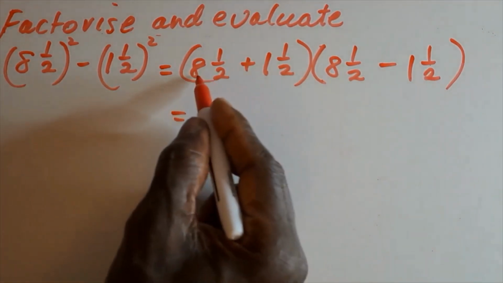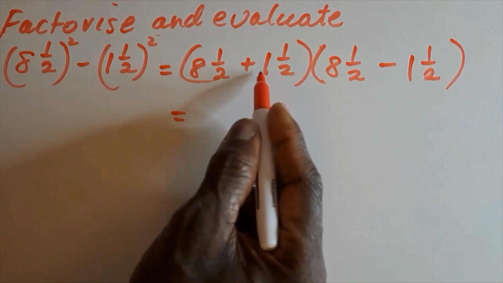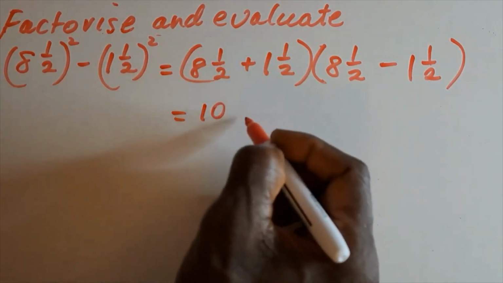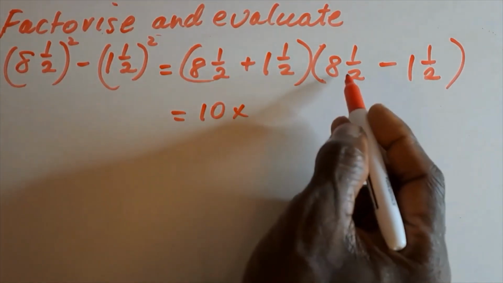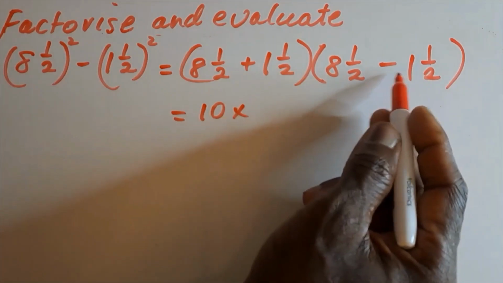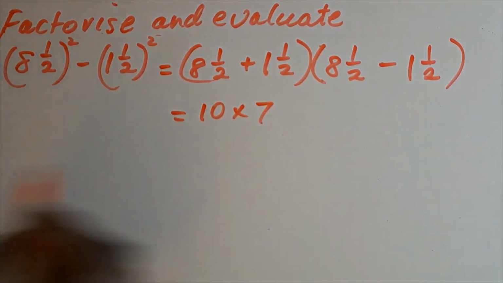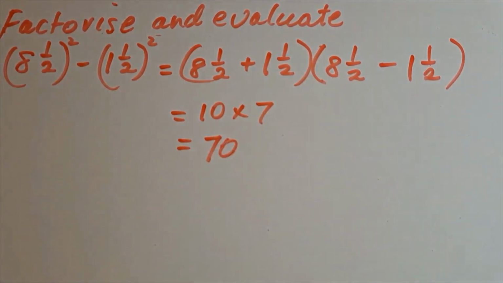This gives us 8, add 1, which is 9, add the 2 halves, which gives us 10, and this gives us 8 take away 1, which is 7, a half take away a half is 0. So this evaluates to 70, all without the use of a calculator.